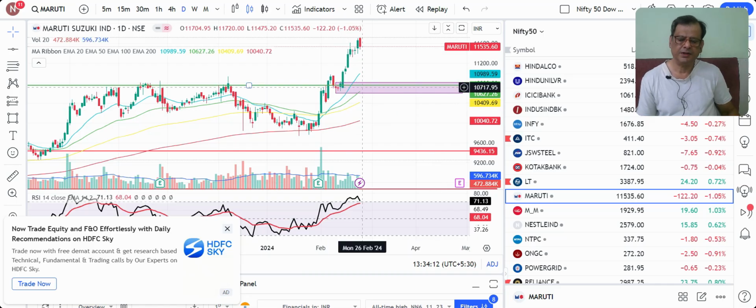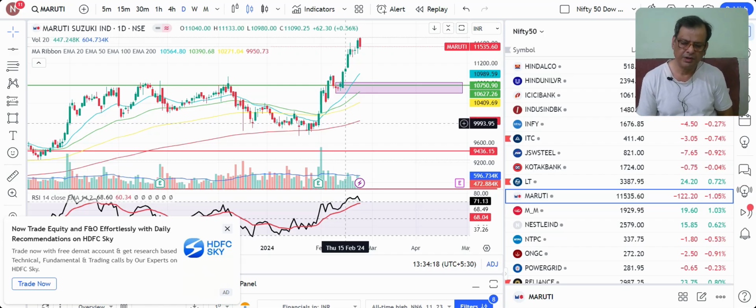Support is a place where prices come multiple times and bounce off. So it is an established support zone, and you have demand zones, which are basically a drop base rally or a rally base rally area where base candles formed and you had a good big leg out candle.